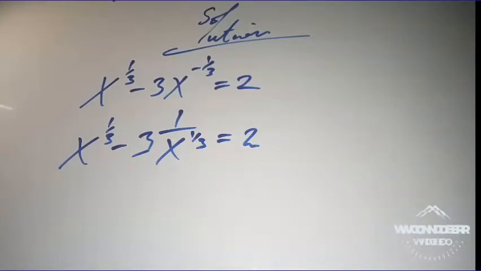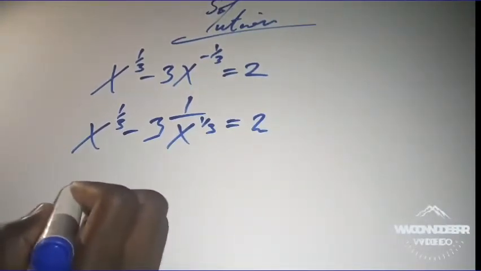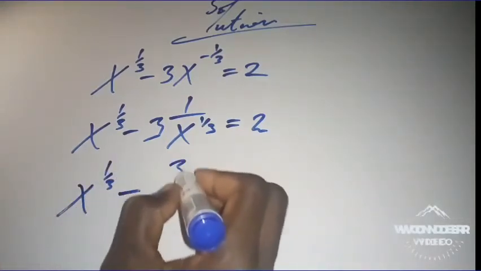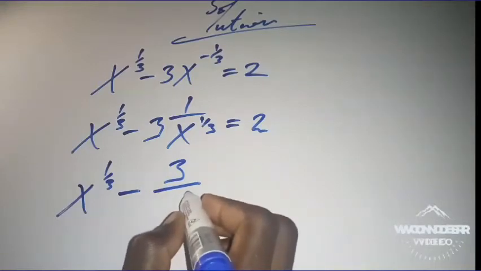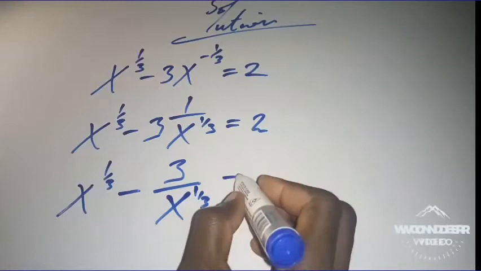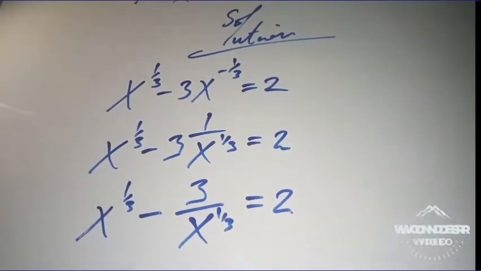And this equation can also be written as x to the power of 1 over 3 minus 3 divided by x to the power of 1 over 3 equals 2. So when you look at this stage of the solution, here you have x to the power of positive 1 over 3, and here you also have x to the power of positive 1 over 3.